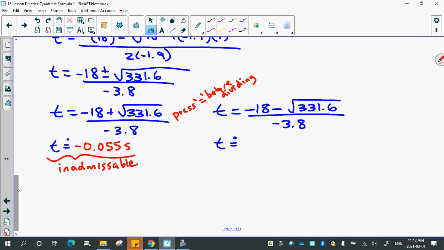Press equals, divide by negative 3.8, approximately 9.5 seconds. Okay, that one makes sense. So therefore, it takes 9.5 seconds for the ball to hit the surface of Mars.